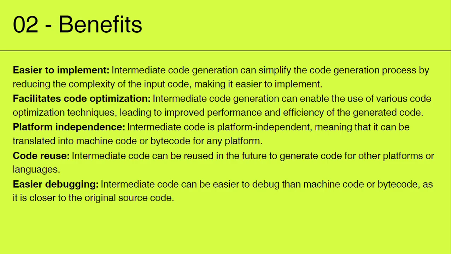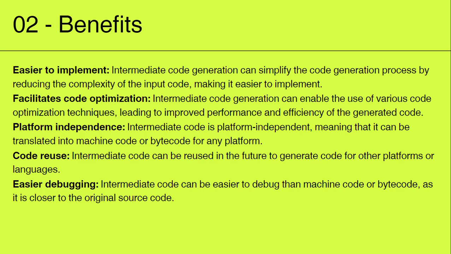The first one, easier to implement, can simplify the code generation process by reducing the complexity of the input code. The second one, facilitates code optimization, can enable the use of various code optimization techniques, improving the efficiency of the code generator.